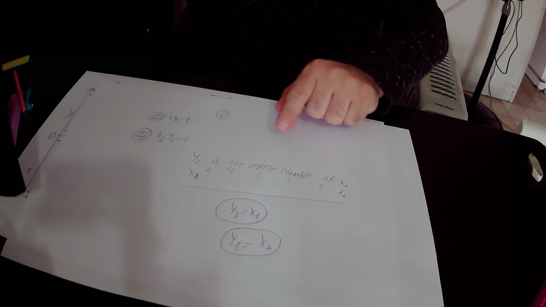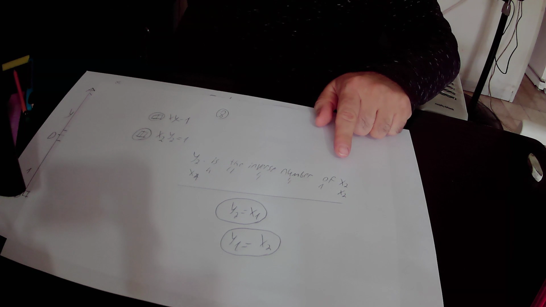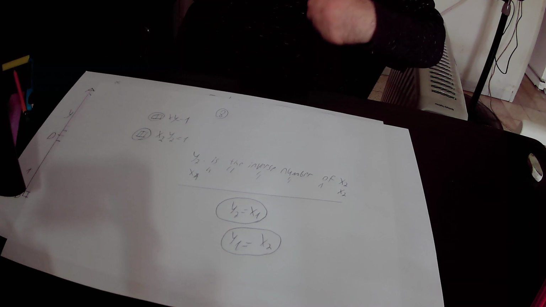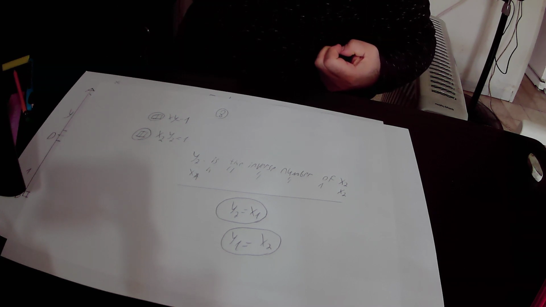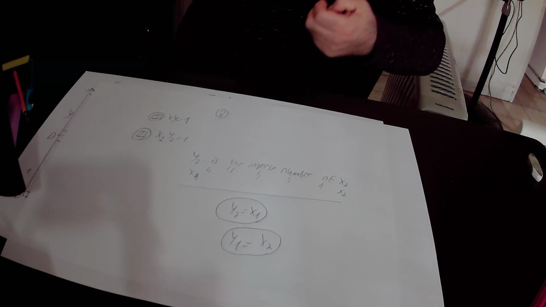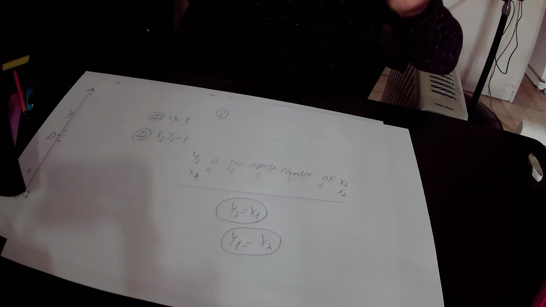It means that y2 is the inverse number of x2 from one side. But we have already found out that x1 is the inverse number of x2. So because y2 and x1 are both the inverse number of x2, we will derive from this that y2 equals x1.